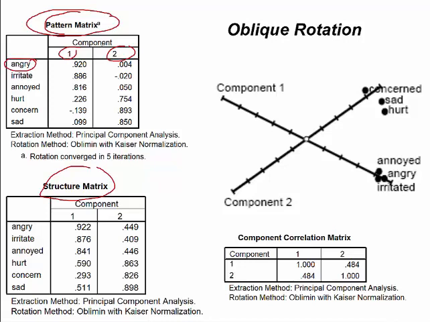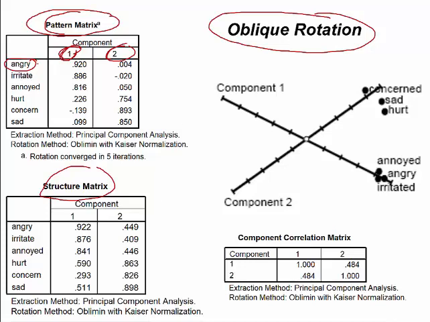When my two components were orthogonal, the effect of one component controlling for the other was the same as that component by itself. It didn't make a difference if I controlled for the other component or not, because my two components didn't overlap. They were not correlated. But now with oblique rotation, I'm allowing my two components to correlate.